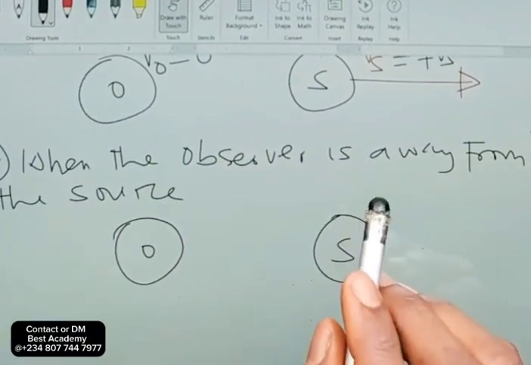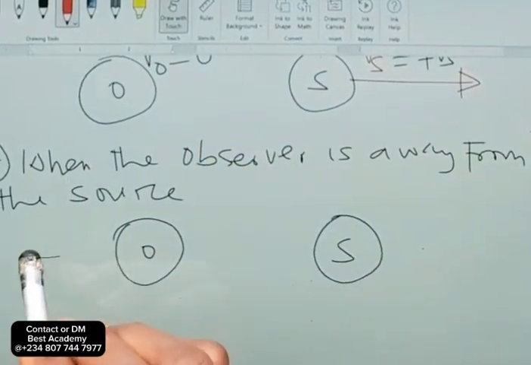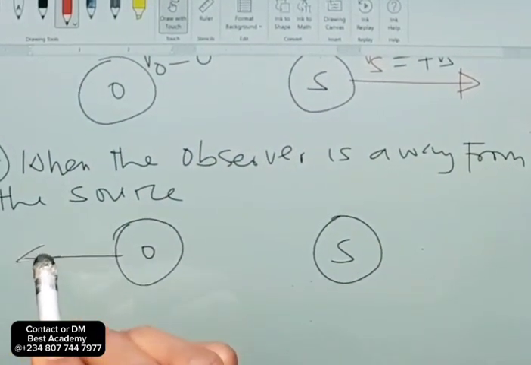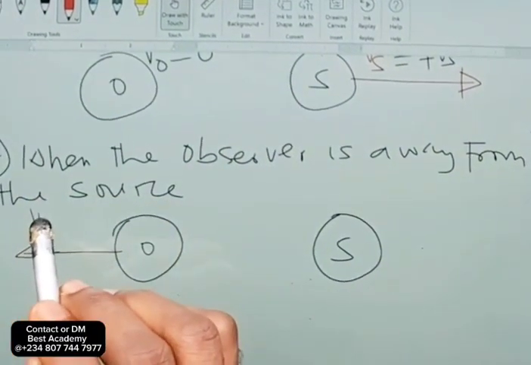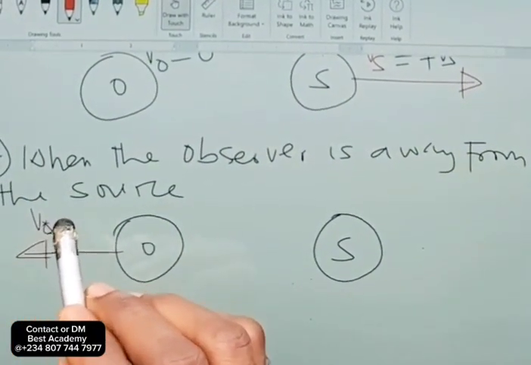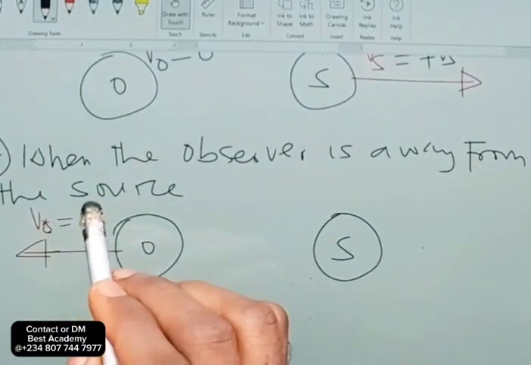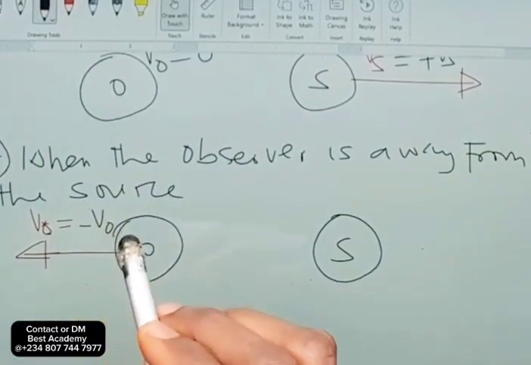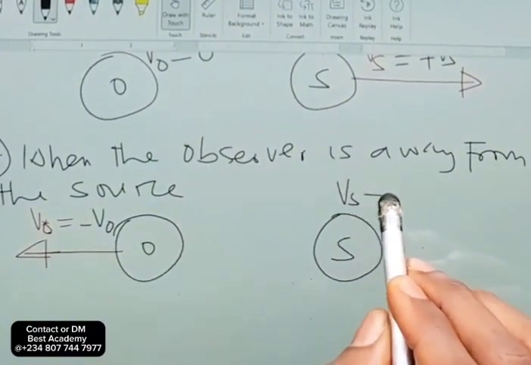Please take note. So the observer is away from the source, so the moving velocity will be focusing on observer, that is f naught, which will be equal to minus f naught. Okay, while the v of s is equal to 0 here.